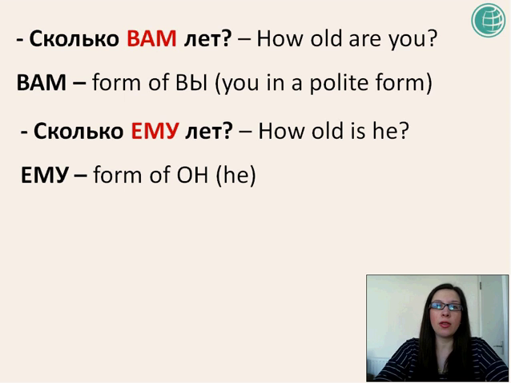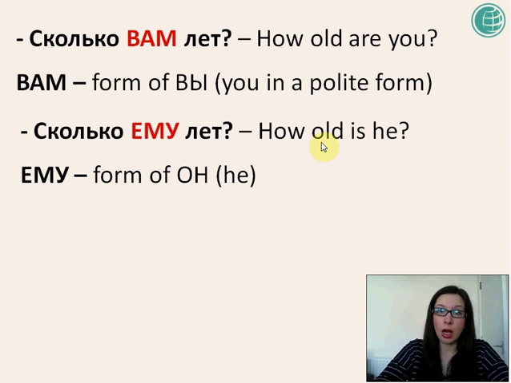So it's just another case of the pronoun, because not only Russian nouns but also Russian pronouns have 6 cases. I just don't tell you exactly which case it is, just not to confuse you, but you should understand that form means it's another case. Сколько ему лет? How old is he? Literally it means how many years are to him. Ему, it's a form of он, he.